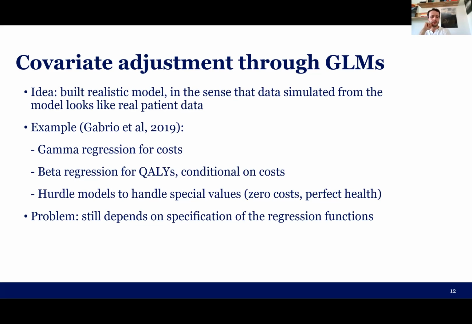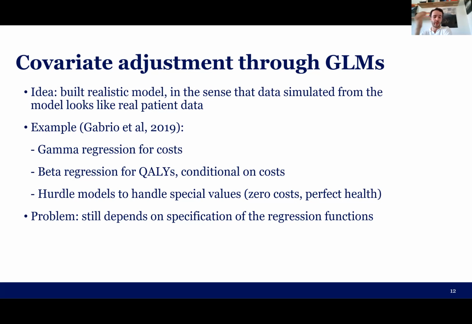There are also some proposals in the literature to use ensembles of generalized linear models, where the outcome distributions are not necessarily normal, but rather other exponential distributions. Here's an example from a paper by Andrea Gabriel and some co-authors, where they assume that the costs are gamma distributed.